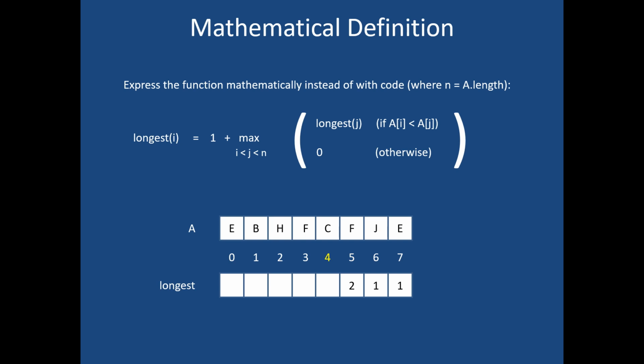Now, here's 4. What letters to the right of C are here? All of them. So we look at all of the answers to the right, and we see one of them is a subsequence of length 2 rooted in index 5. The other is length 1.